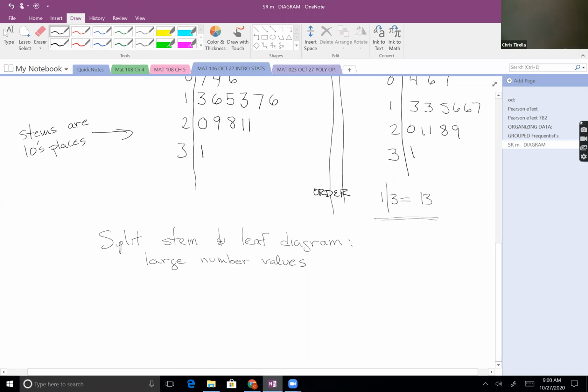Instead of getting this number from the folks in class today, say I was in a lecture hall and I had 100 people. Some of those leaves might get pretty long, right? So if I have a large number of values, I might have 2 stems for each.